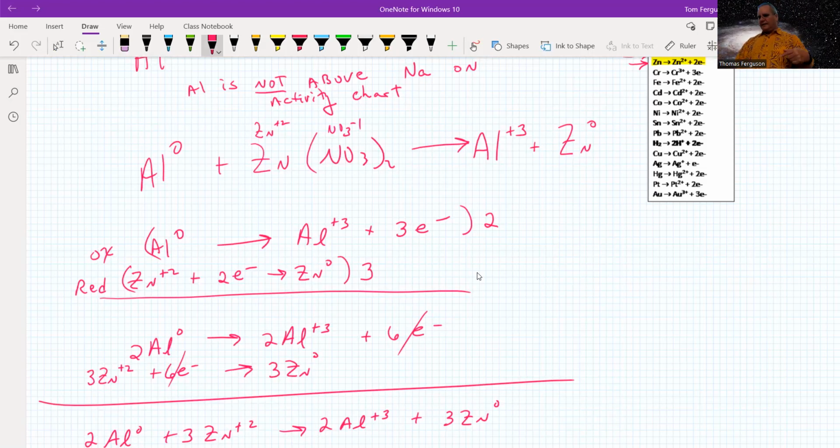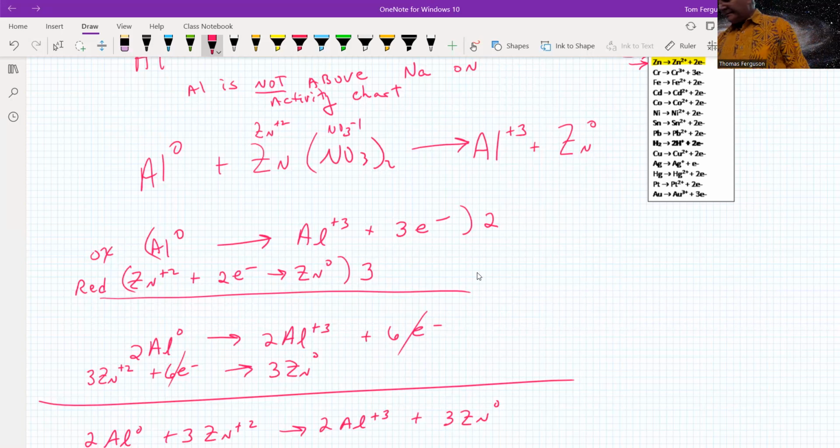Now, rewriting that, we have 2 aluminums gives 2 aluminum ions and 6 electrons. Everyone see where we got the 6 electrons? 2 groups of 3. Aluminum gives up 3. The zinc gains those 6 electrons, but it takes 3 of them to gather those 6 electrons.